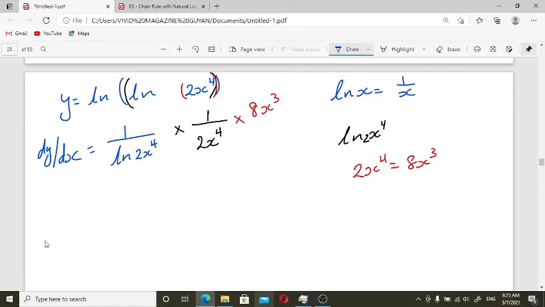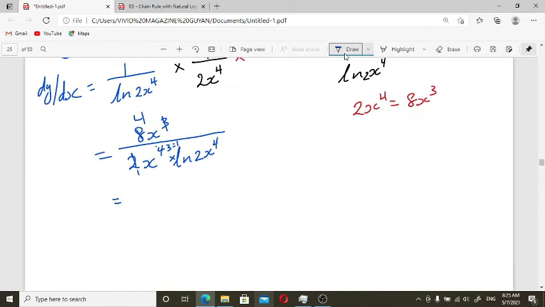So this is now equal to, on top, 8x cubed, all divided by, let me write it neat, because there are certain things you just need to pay attention to. So this is 2x to the fourth times ln 2x to the fourth. So 2 1s are 2, 2 4s are 8, and put a multiplication here. So this 3 is gone, this is 4 take 3, which is going to be equal to 1.